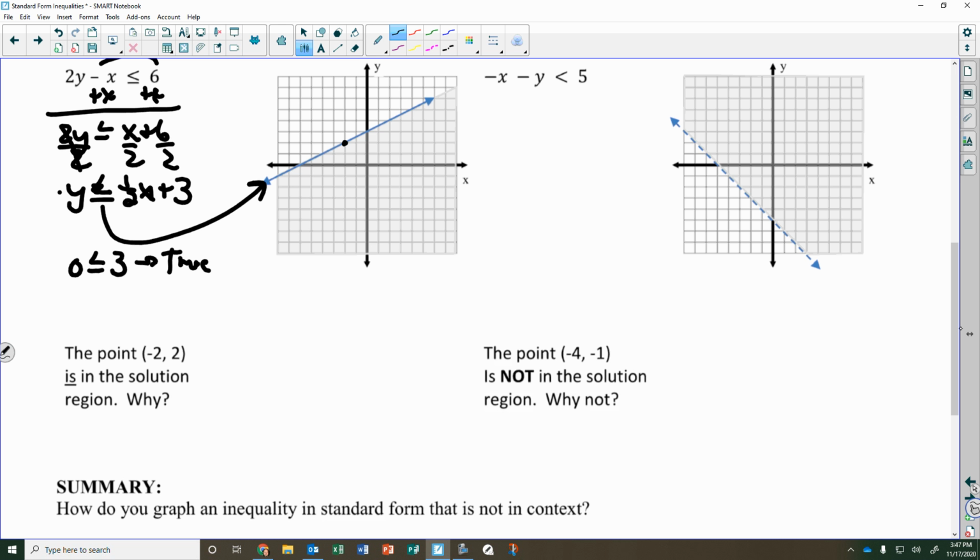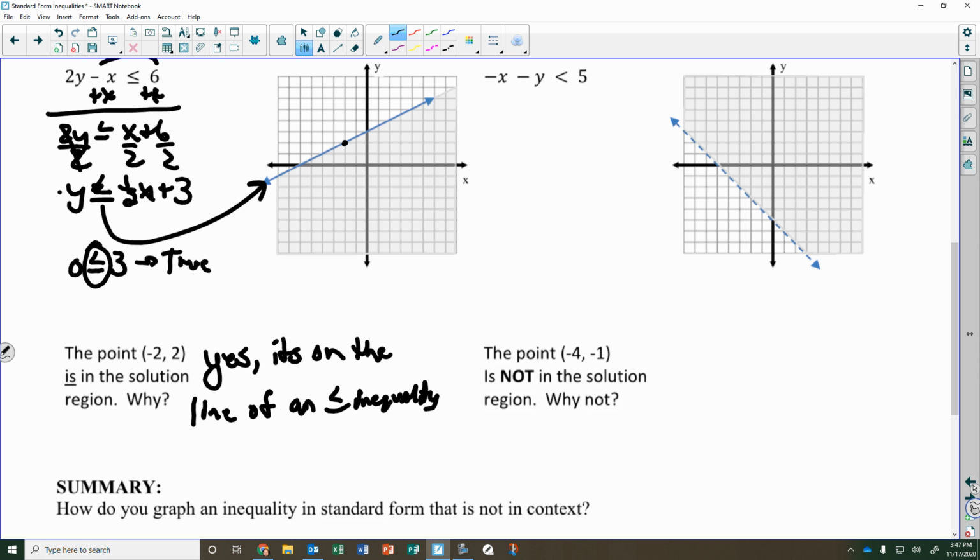And since it's equal to, it's on the line, it can count as a solution. So yes, it's on the line of a less than or equal to inequality. If it was just less than, that would not be a solution.